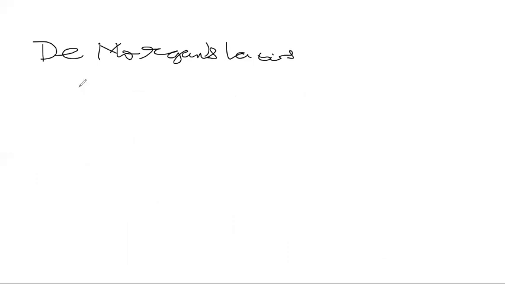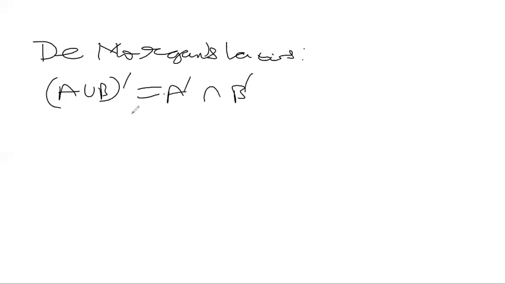Now we will talk about De Morgan's law, most important. Please remember it because this comes mostly in exams. De Morgan's laws. What is it? (A union B) complement is equal to A complement intersection B complement. Or you can also take one more: (A intersection B) complement is equal to A complement union B complement.